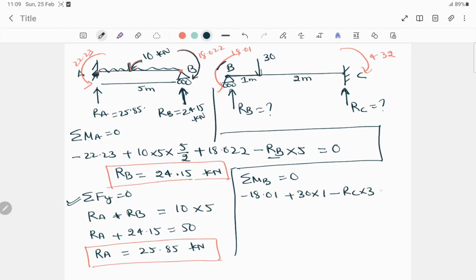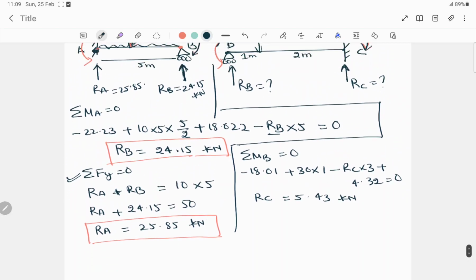RC into 3, plus this moment is clockwise, so positive 4.32, is equal to 0. So from this equation we will get the value for RC is equal to 5.43 kilonewton.